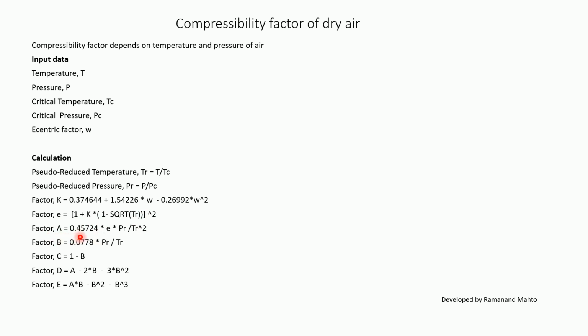Factor A is equal to 0.45724 into small e into Pr upon Tr square. Factor B is equal to 0.0778 into Pr upon Tr. Factor C is equal to 1 minus B. Factor D is equal to A minus 2 into B minus 3 into B square. Factor E is equal to A into B minus B square minus B cube. So once factor A, B is known, factor C, D, E can be calculated.